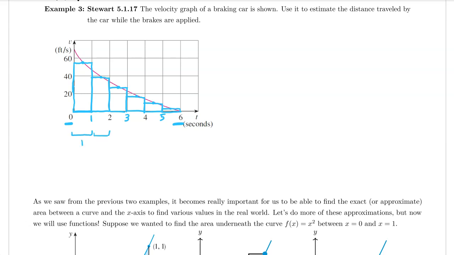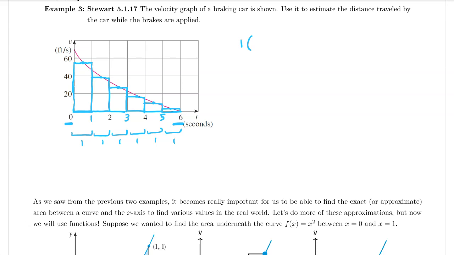So that has 1 unit, 1 unit, 1 unit, 1 unit, 1 unit, 1 unit. So when we're estimating the area under the curve, which in this case is estimating the distance traveled by the car, the area of my first rectangle, it's going to be 1 times the height.